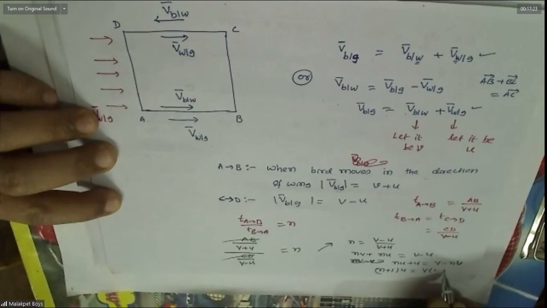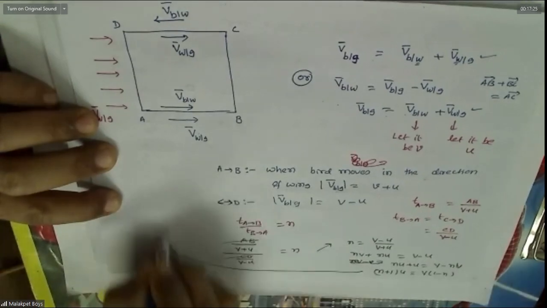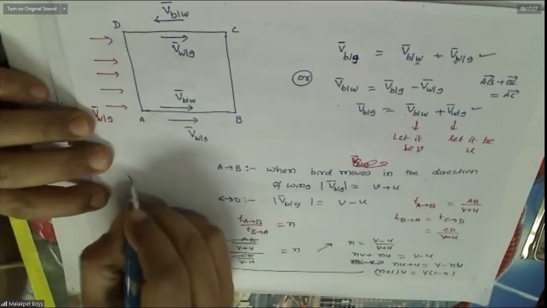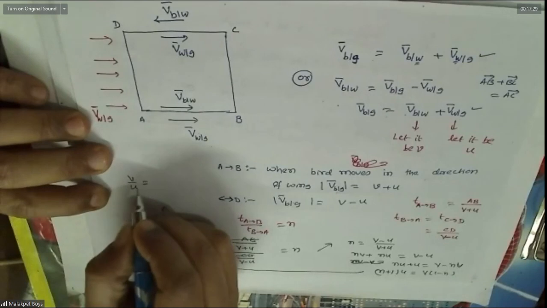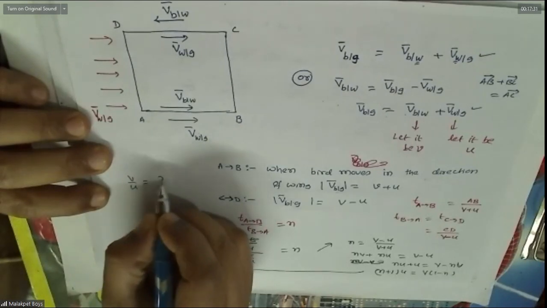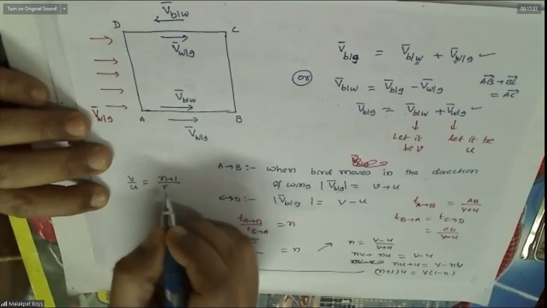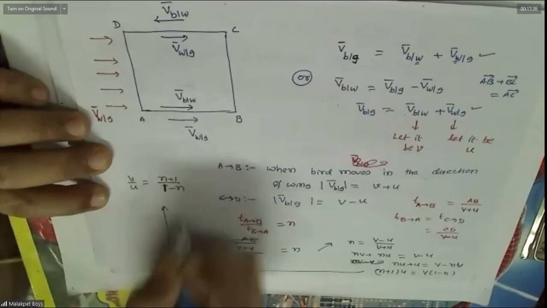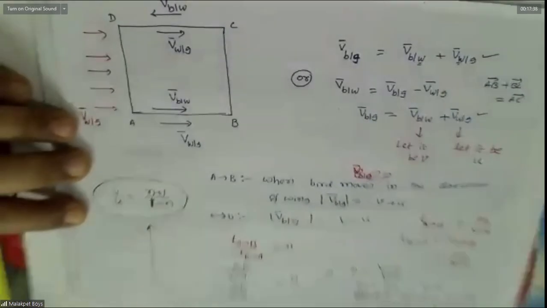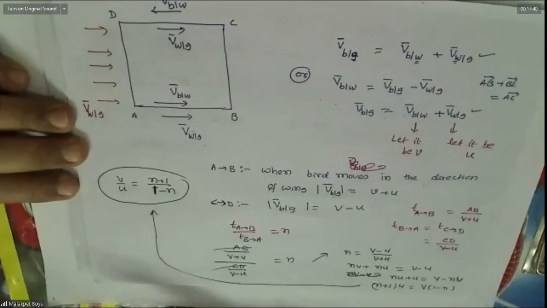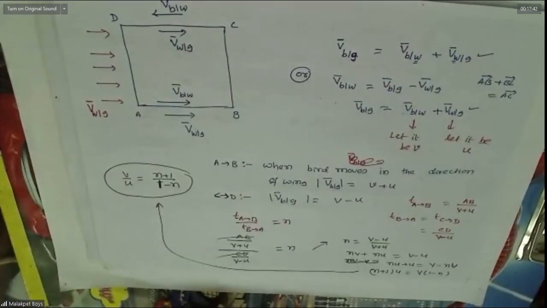Understood till here? So now I have successfully found the ratio V by U, because that is not given in the question. Any doubt till here you can ask. Hello? No, sir.